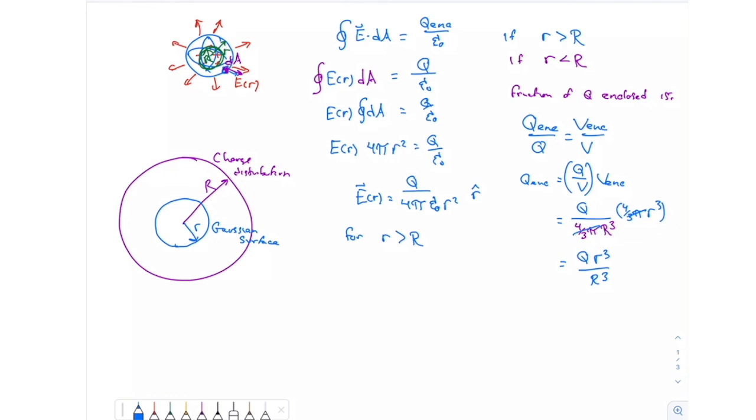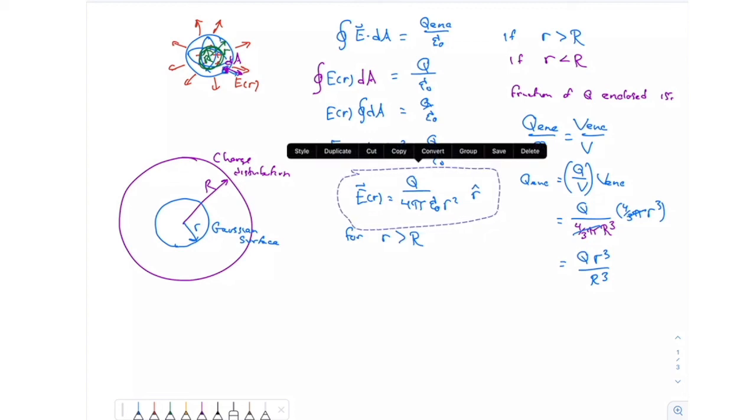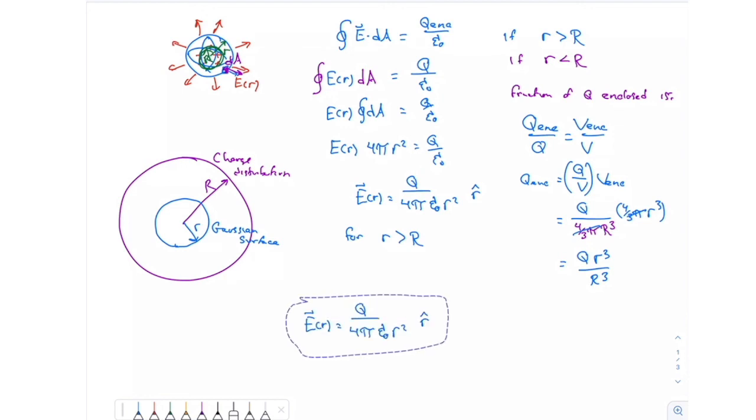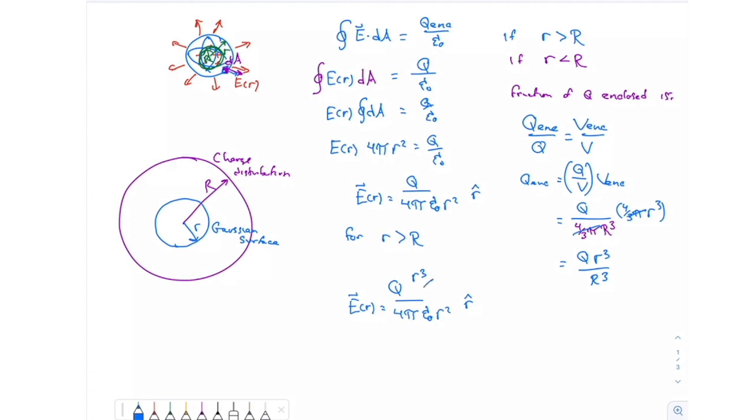And that's what we're going to use for the Q enclosed. So all that's going to change, I'm going to get the same result that I had here. I'm just going to change my expression for Q. So let me rewrite that because the steps are all the same. I will erase the Q and I will replace it with Q times little r cubed over big R cubed.